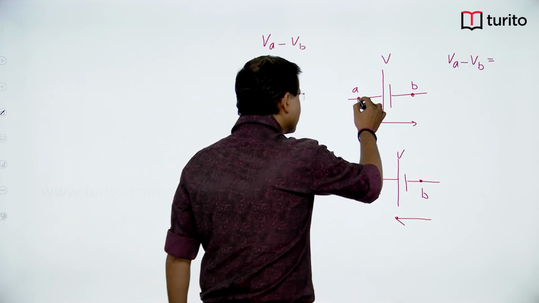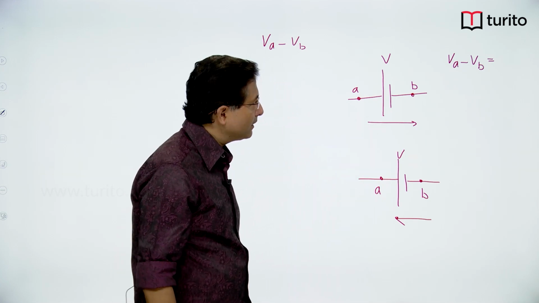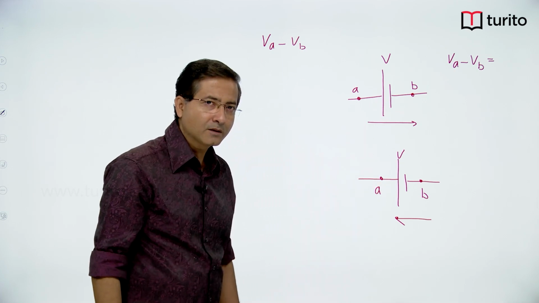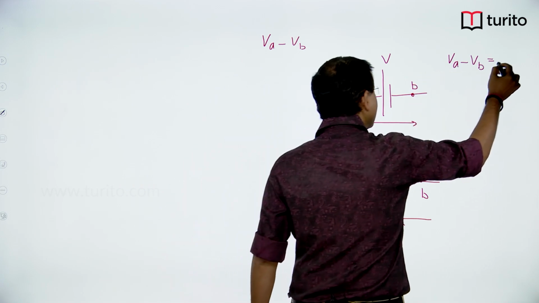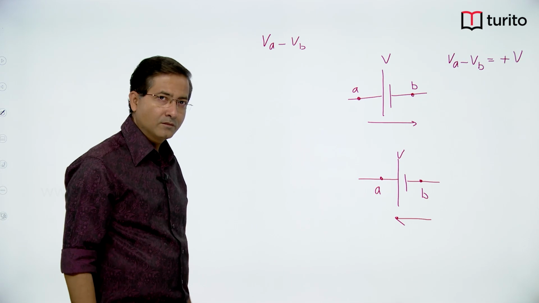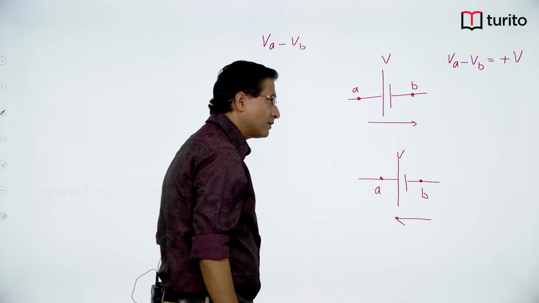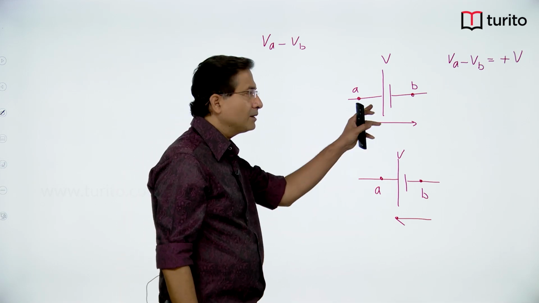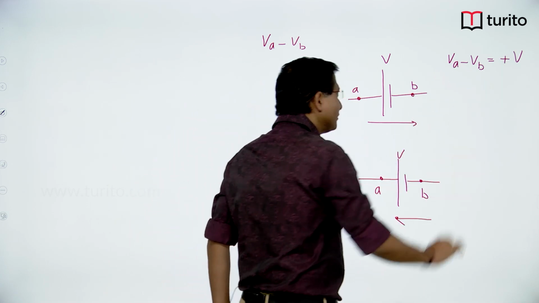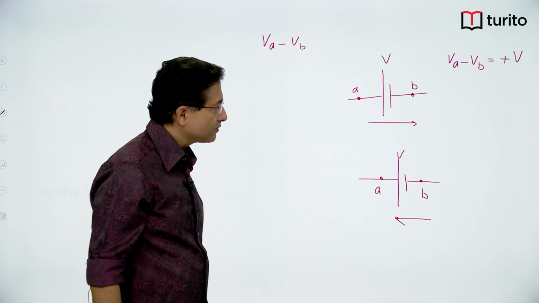As A is connected to the positive terminal of the cell, obviously potential at A will be higher than potential at B. That means this quantity should be written plus V, right. So, VA minus VB should be written with positive sign.